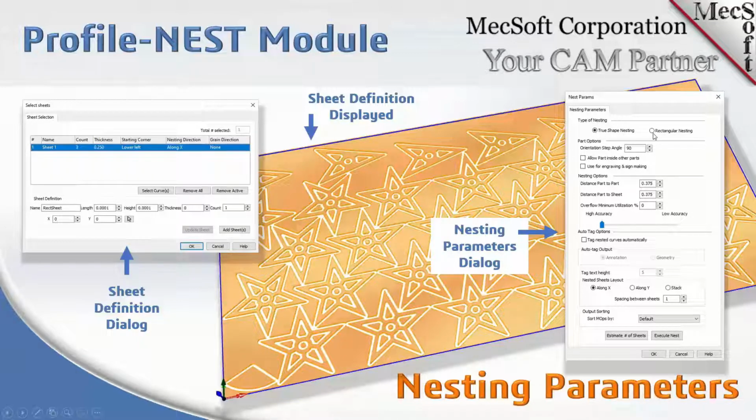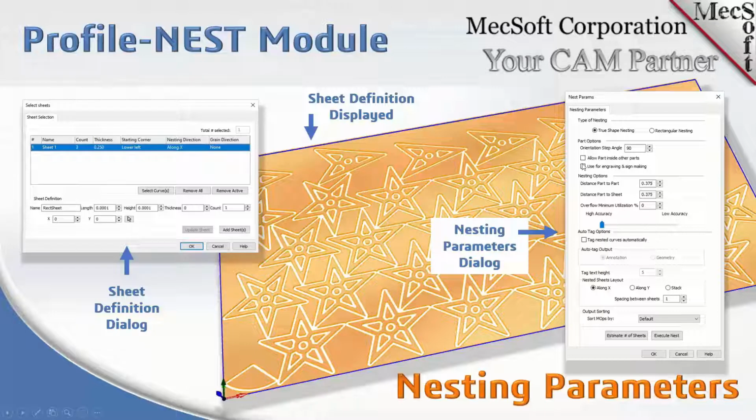Rectangular nesting defines a rectangular area around the part and then uses that area to do the nesting. True shape actually computes the actual shape of the profiles and nests them in the sheet as close as it can based on the parameters that you specify.